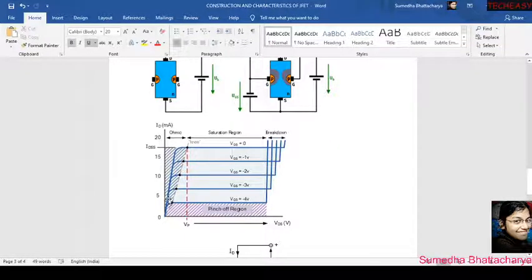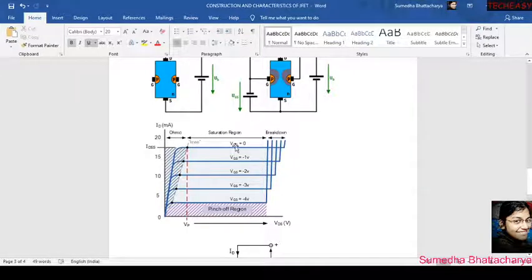In this case we are seeing that this is the straight line, right? I hope there is some mistake in placing the points, but you can remember that the pinch off voltage is not this, this will be the pinch off voltage. So here we can see the ohmic region.